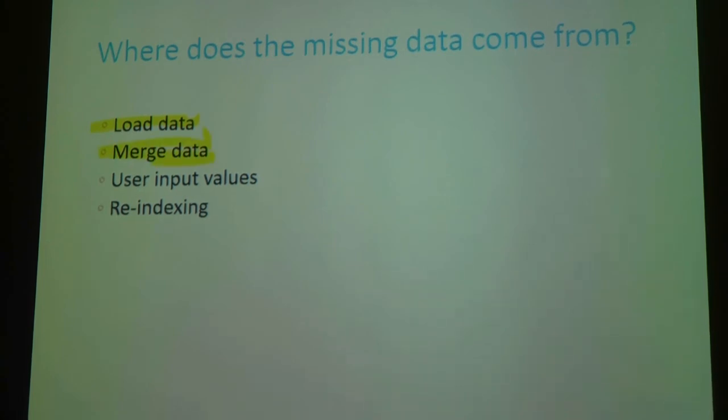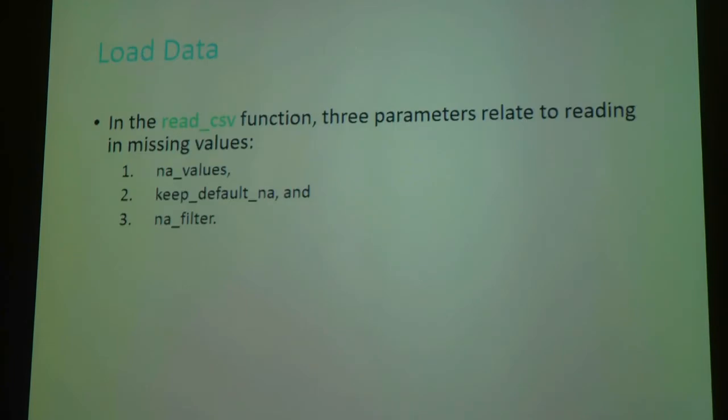We just saw that in a few examples before, right? When you merge two data frames, you could generate empty spots. Or when user input values are empty, or when you do reindexing. So all of these are reasons. Just take one or two, and you can take a look at the other reasons.